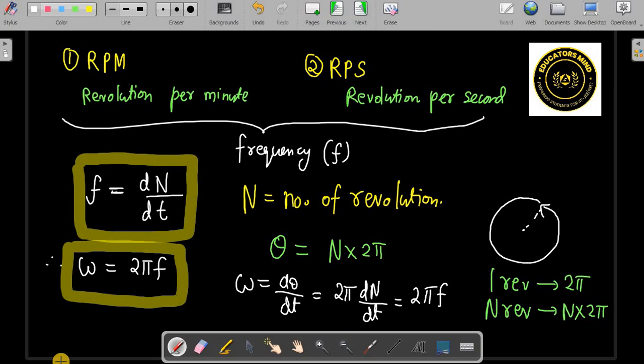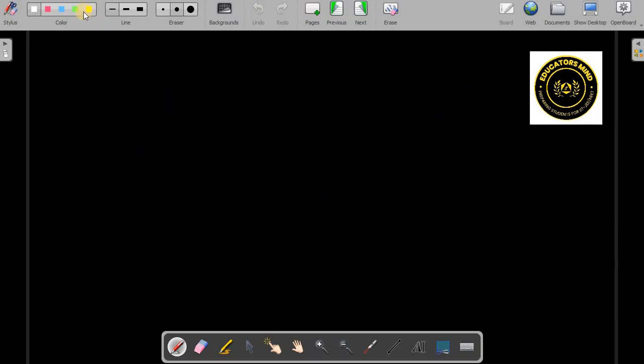There are slightly different meanings, because angular speed omega is rotational speed. Frequency is based on number of revolutions. Now RPM, RPS are the units of frequency. So let us consider now different types of rotational motion.